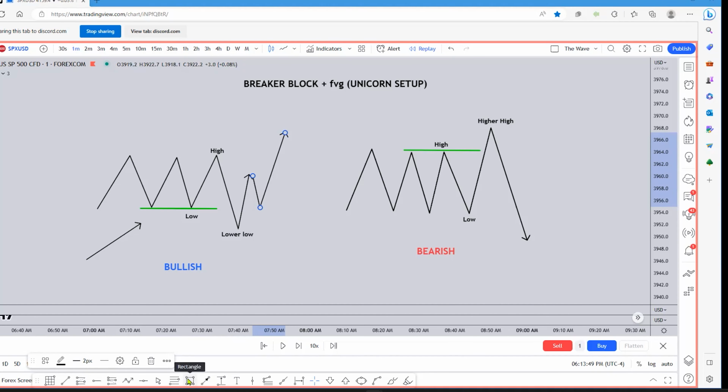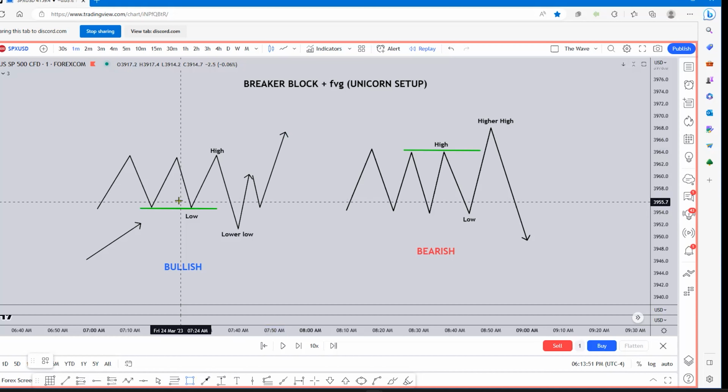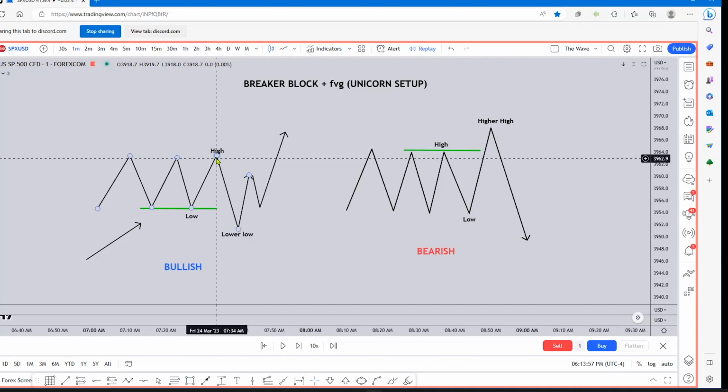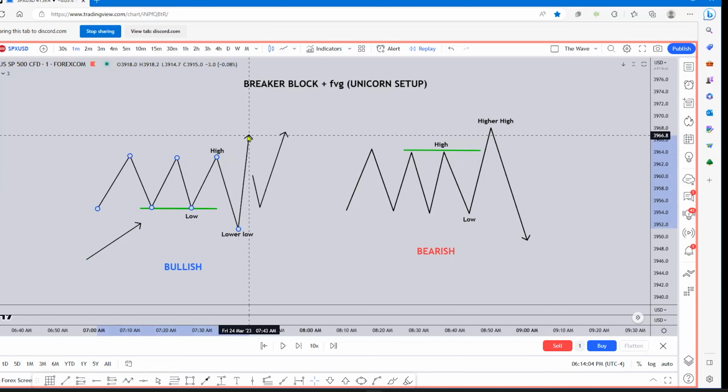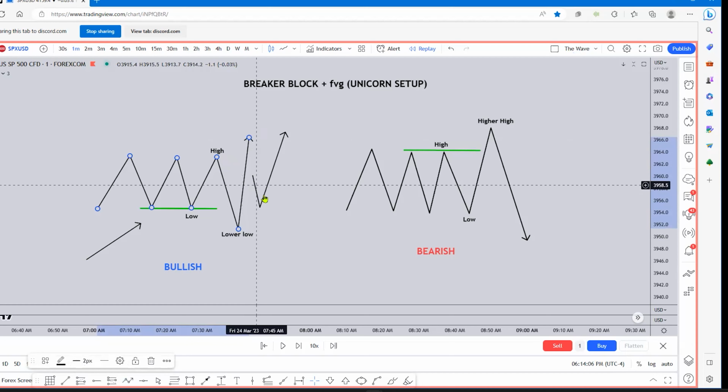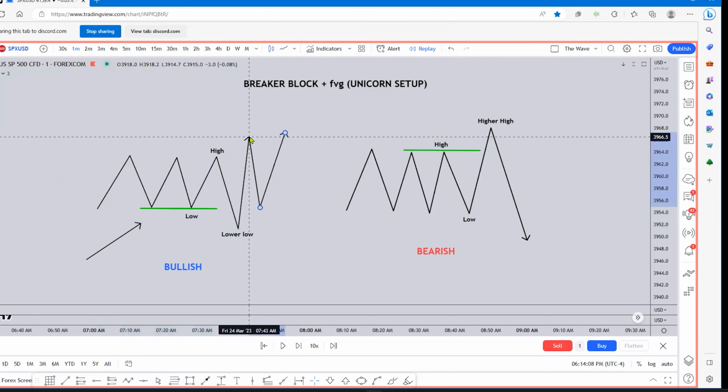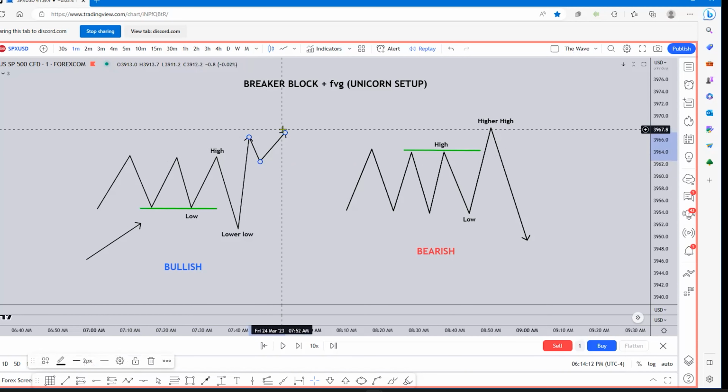So the breaker is actually the high. It's actually this.